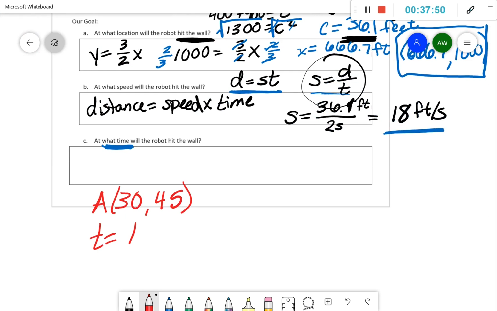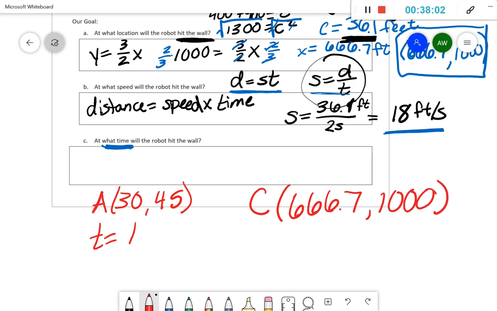So if I want to figure out what t is equal to at point, I'm going to call this point C, which is 666.7, 1,000. This is the location where we touch the wall. What is our t value here? What's our time? Well, first we have to figure out our distance.